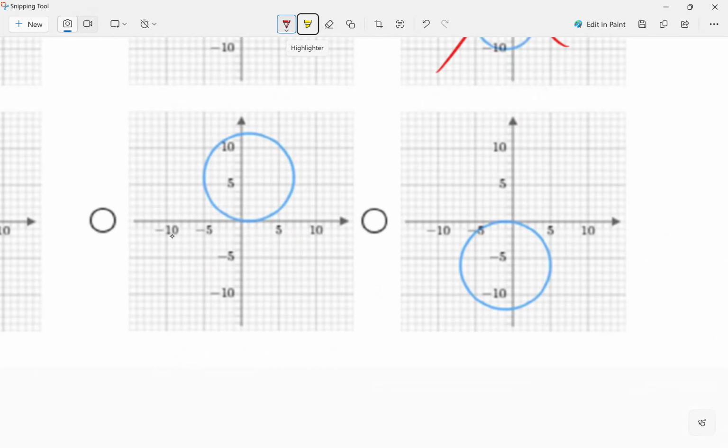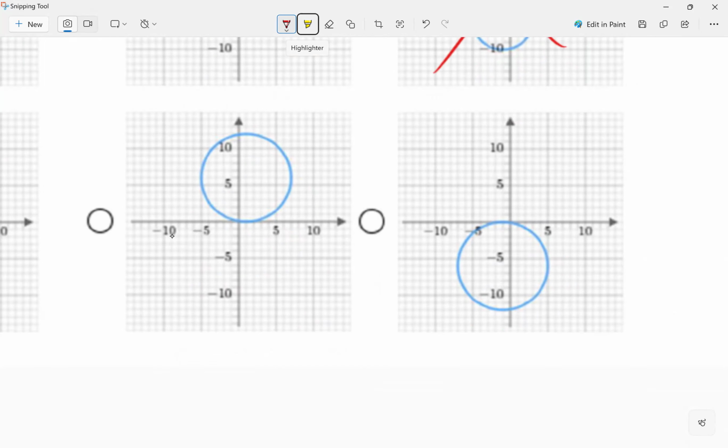Okay. Now here on my third choice, my center is 1, 6. So 1 to the right, 6 up. That kind of looks like the center of the circle. Is the radius 6? Let me count the squares. 1, 2, 3, 4, 5, 6. The radius here is 6. Okay, good. Then that's it.